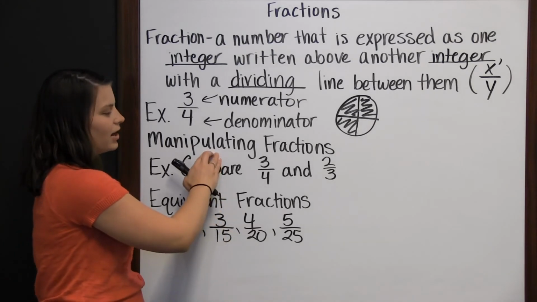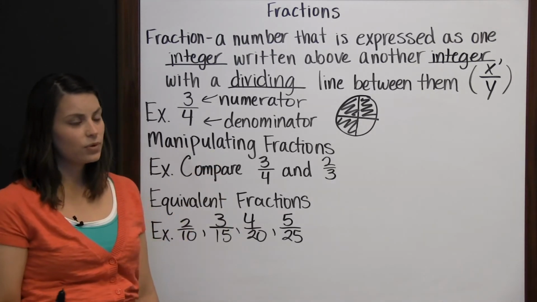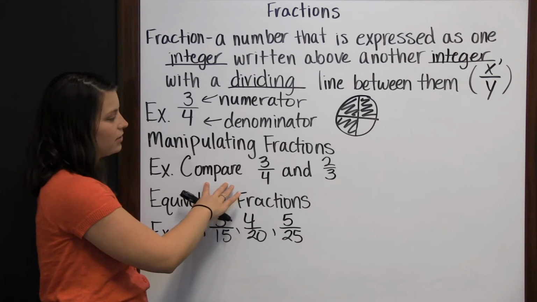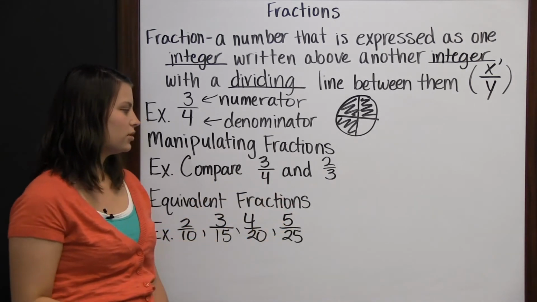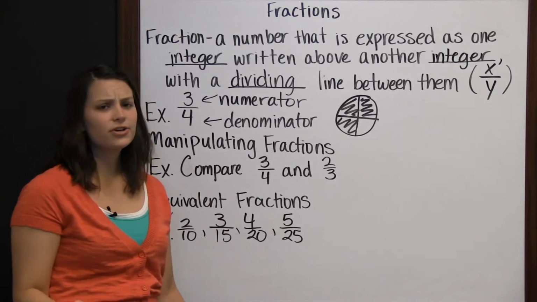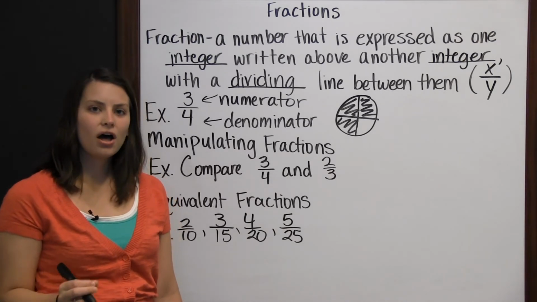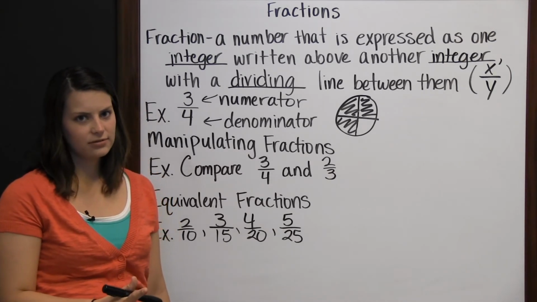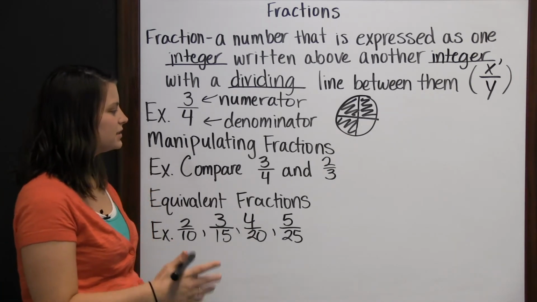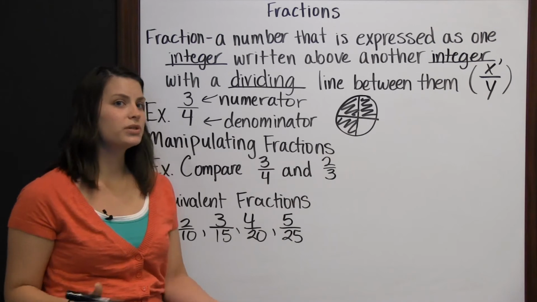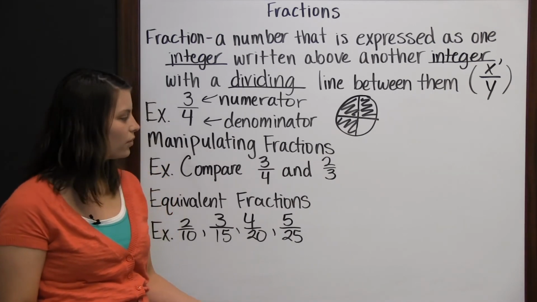We manipulate fractions to do many things. One thing is to compare them. If we were to compare 3/4 and 2/3, we would first need to find what's called a common denominator. Because in order to compare them, I need them to have the same denominator, so I can tell which one's bigger or if they're equal.